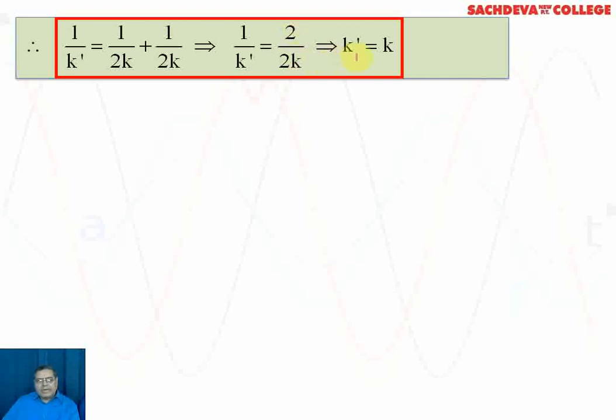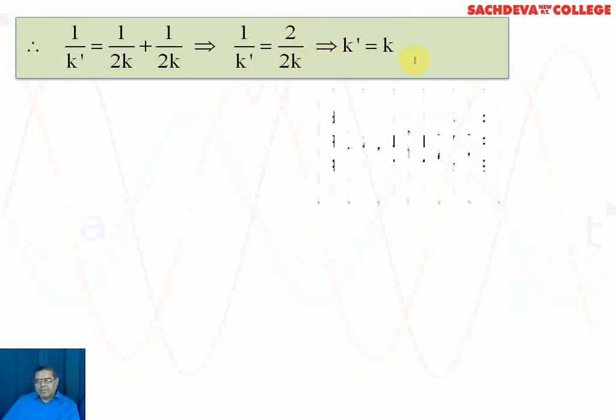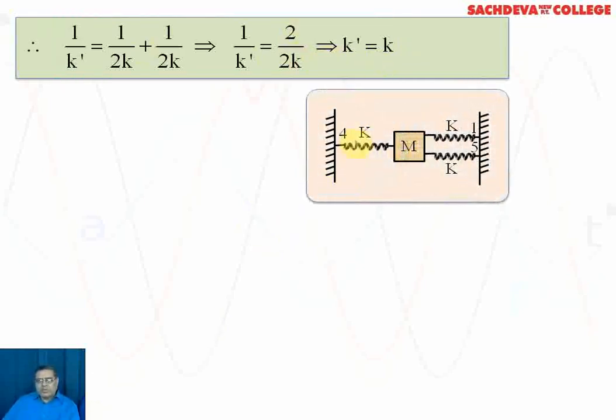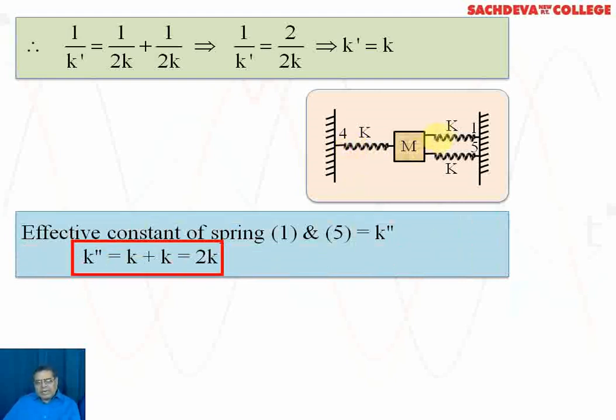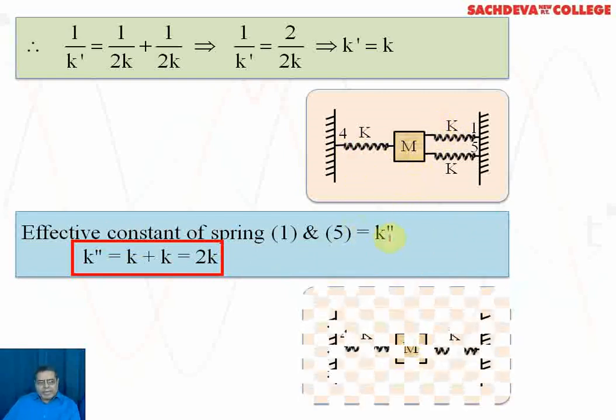So 1 over k dash will be equal to 1 over k and k dash will be k. The same figure is shown here, again with the series and parallel combination of the springs in the given figure. So the effective constant of springs 1 and 5 will be k double dash, and k double dash will be the addition of k and k, which is again 2k.